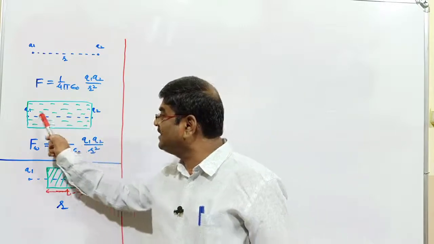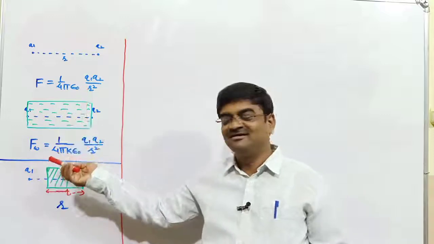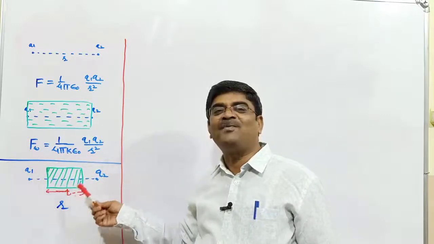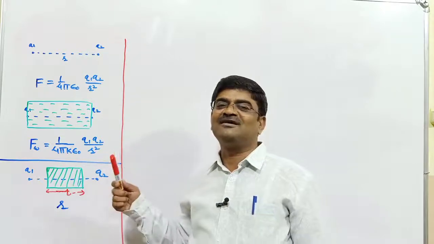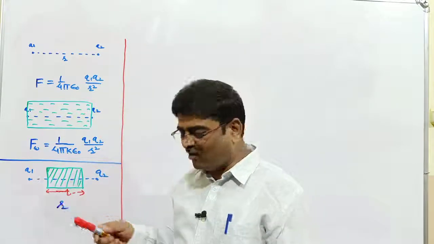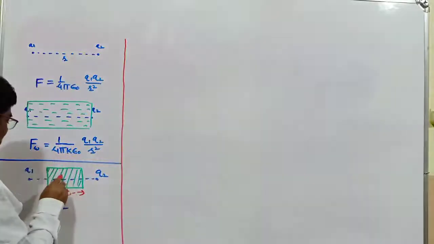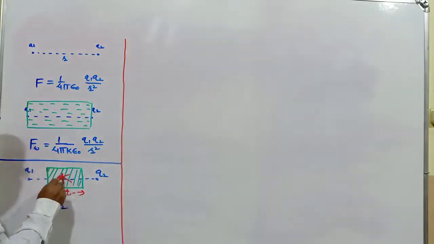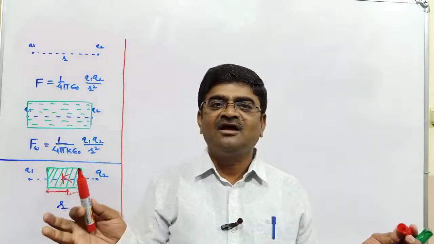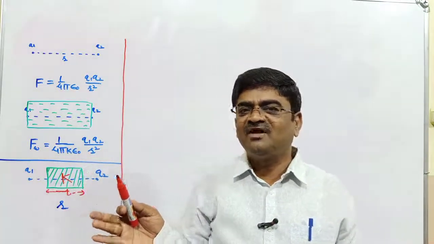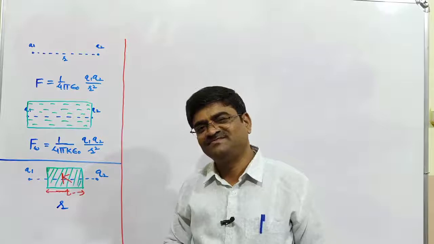But in this case, I have part in air as a dielectric and part in another dielectric of, let us say, constant K. So this dielectric media partially fills the gap between the two charges.